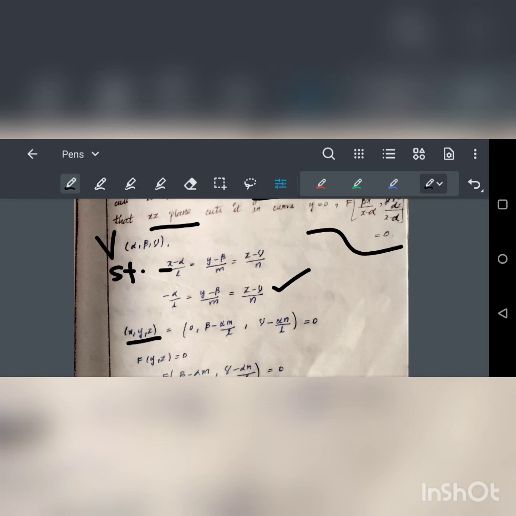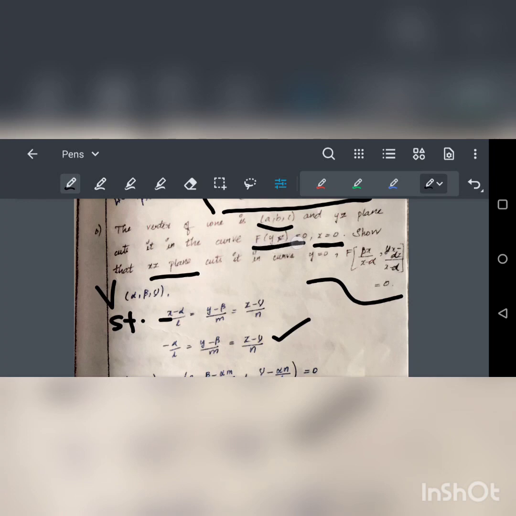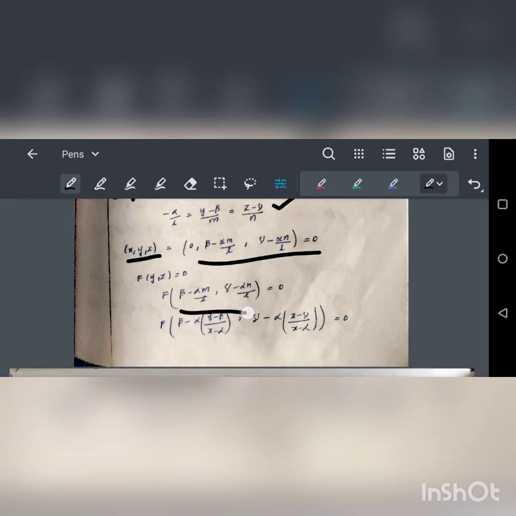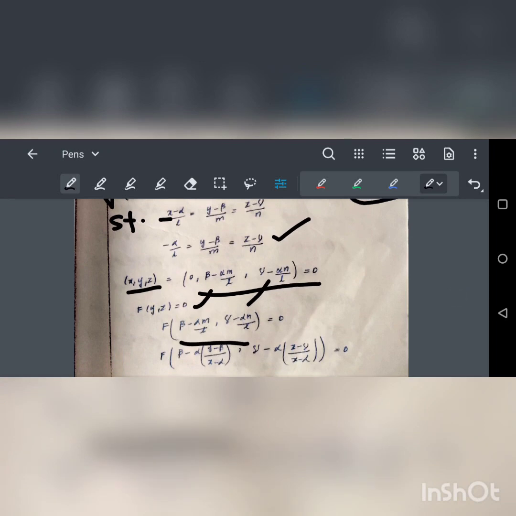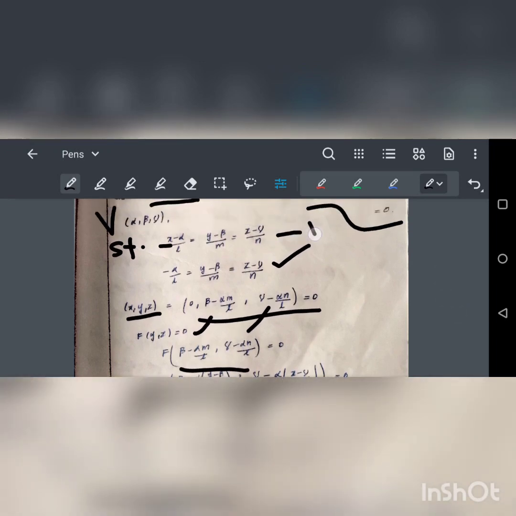Then we need to write the values of x, y and z. This is the step. Next, the curve equation is given as a generalized equation, that is, it will be in terms of y and z. So f of y comma z equal to 0 becomes f with y replaced by this and z replaced by this. Now our job is to eliminate L, M and N from these 1 and 2.